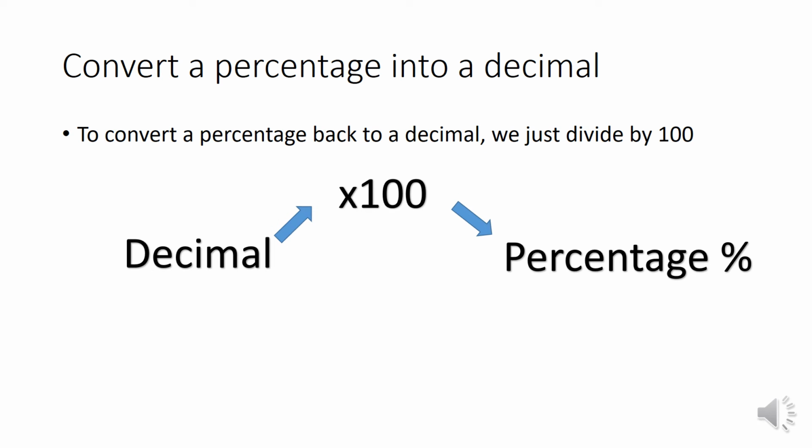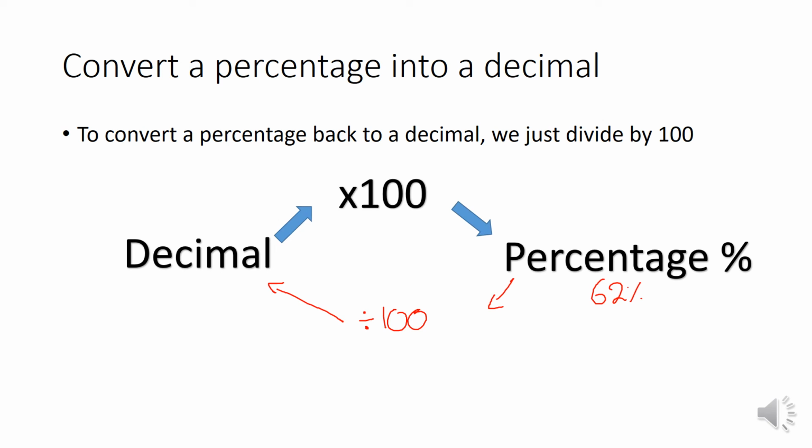Okay, so we've looked at converting a decimal into a percentage: we have our decimal, we times by 100, and that gives us our percentage. We're going to look as well at how we go back. Going from a percentage to a decimal is really straightforward. We just do the opposite: we divide by 100 instead of timesing. So let's say we have 62%.